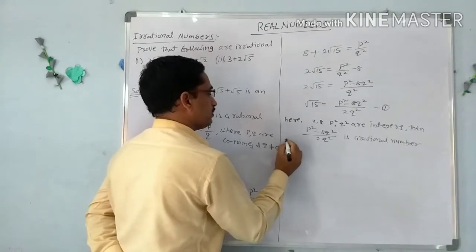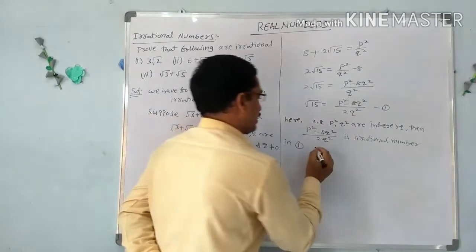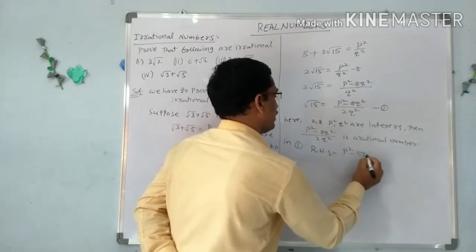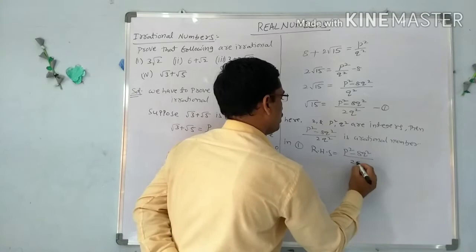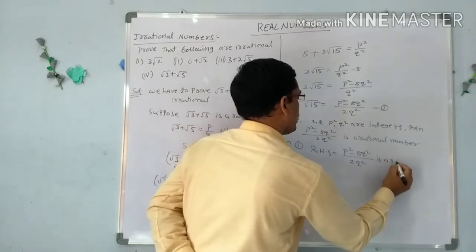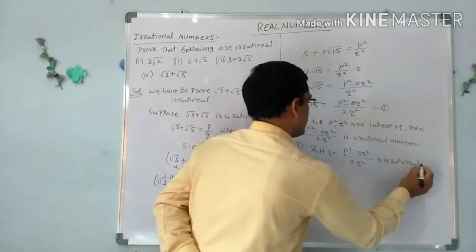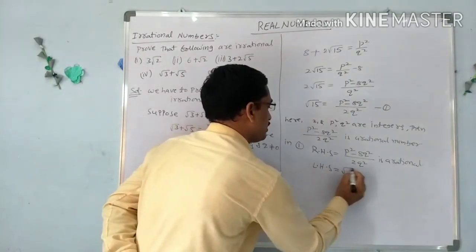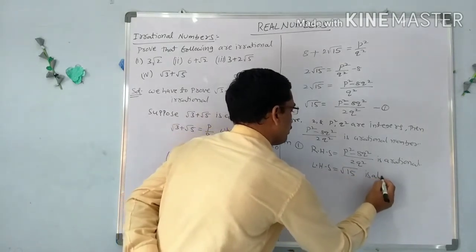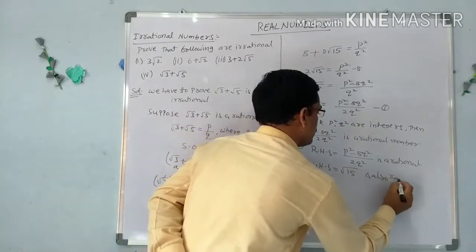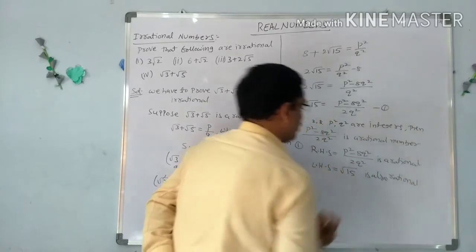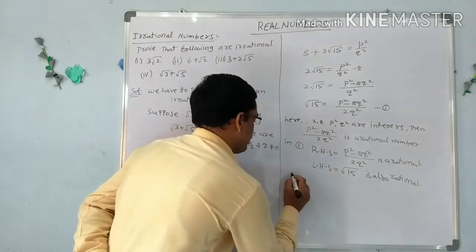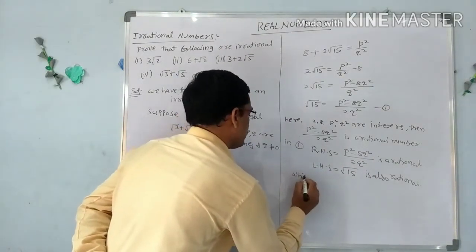Means in equation 1, the right side quantity p square minus 8q square by 2q square is rational, then the left side quantity root 15 is also a rational number. But we know that root 15 is not a rational number. See, again the same statement which contradicts the fact.